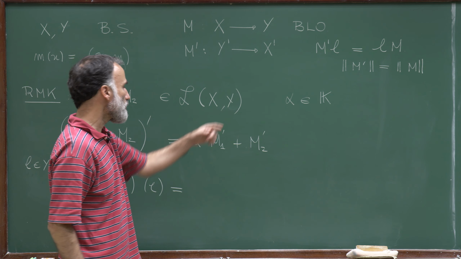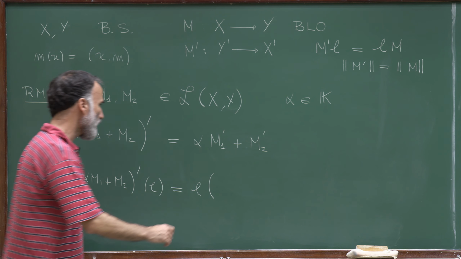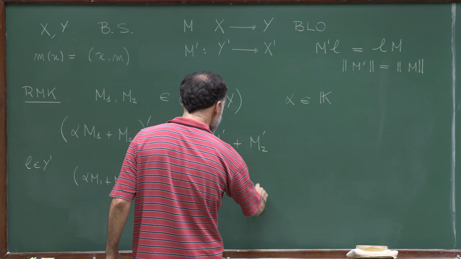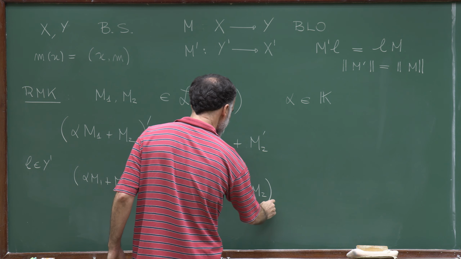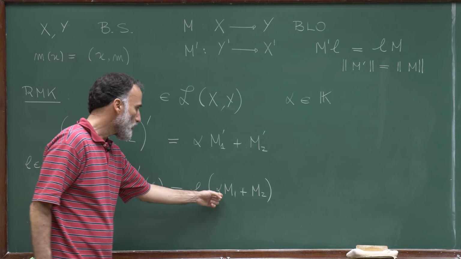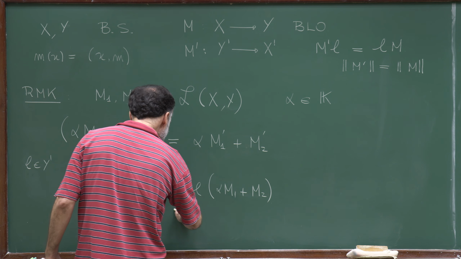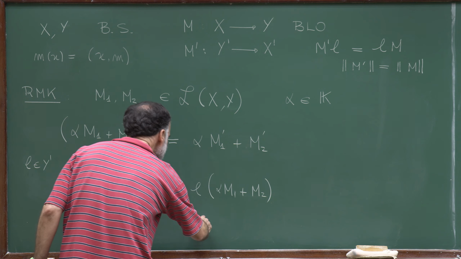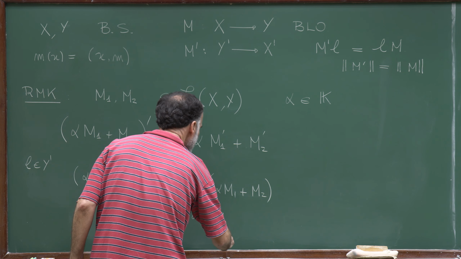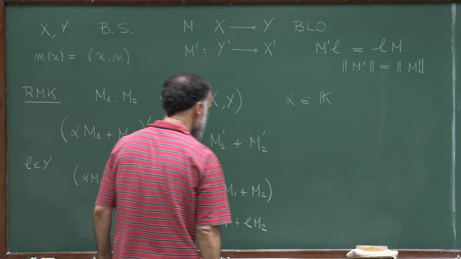This, by definition, is L applied to alpha m1 plus m2, the composition of L with alpha m1 plus m2. But by linearity of L, this is alpha L m1 plus L m2.